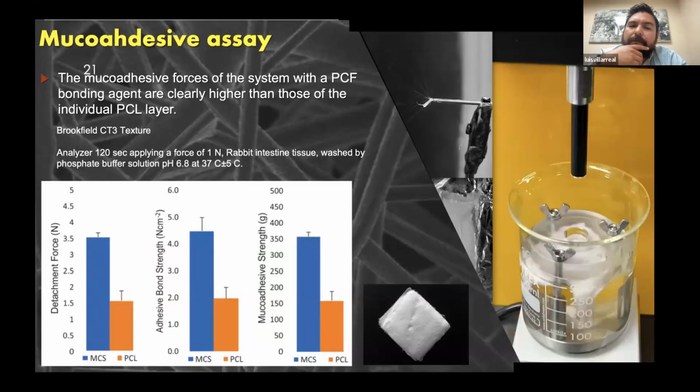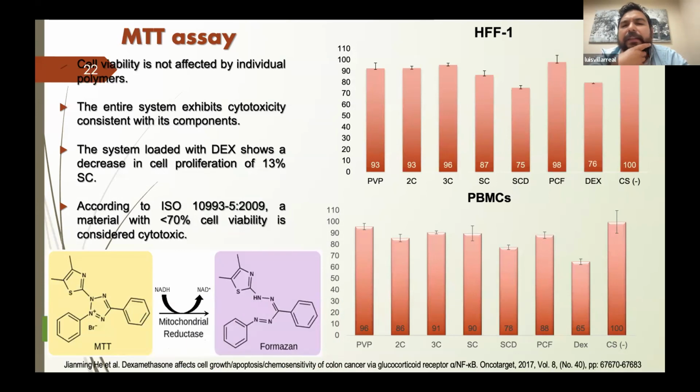We have been looking for maybe 500 grams-force or up, but we can still optimize the proportion of the polycaprolactone. But this test was in vitro. We also performed an in vivo test, and I think the performance of the detachment was adequate.